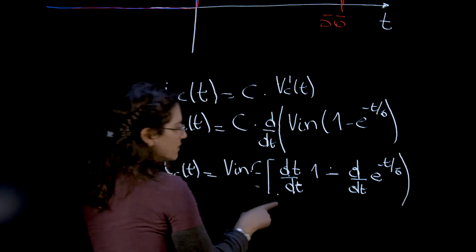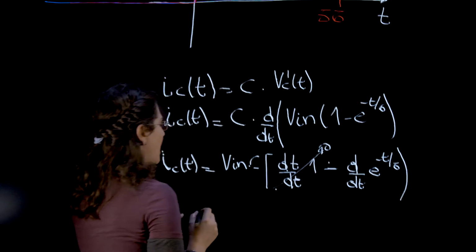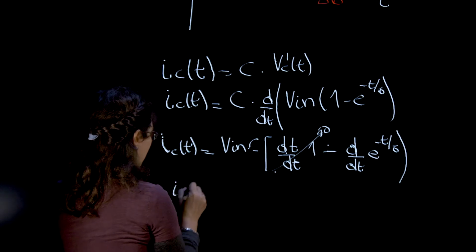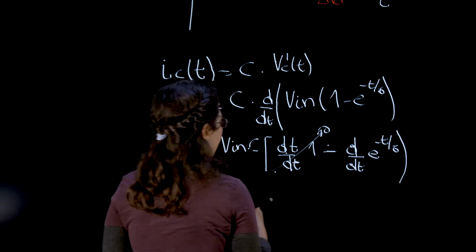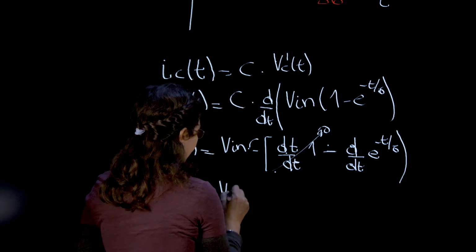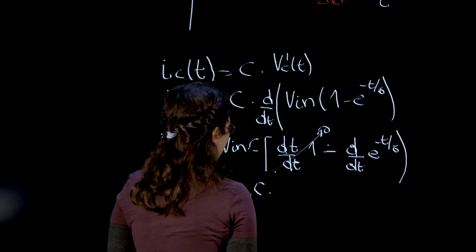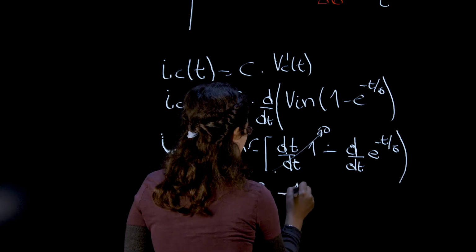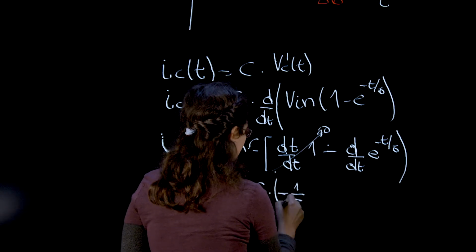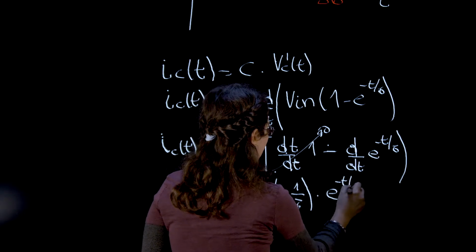Of course, the derivative of a constant is 0. And the derivative of our exponential is the derivative of our exponent times the exponential, times minus 1 over tau times e to the minus t over tau.